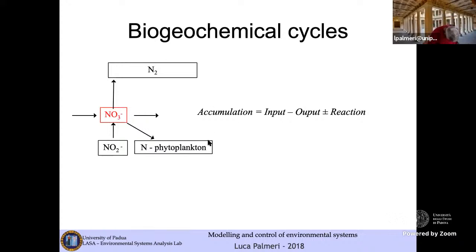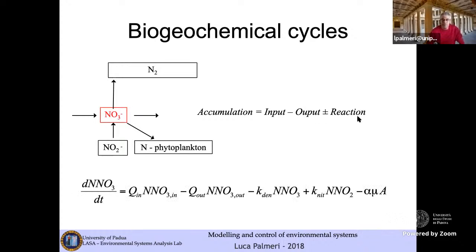For example, let's focus on a biogeochemical model whose currency or state variable is nitrate, NO3 minus. Then how do we formalize mathematically this continuity equation?